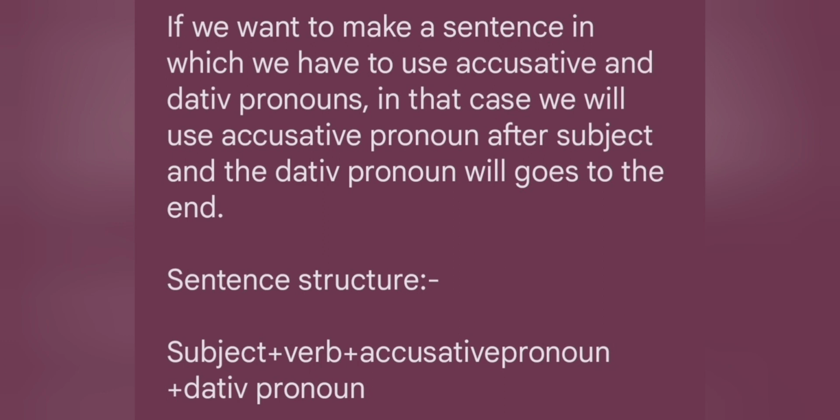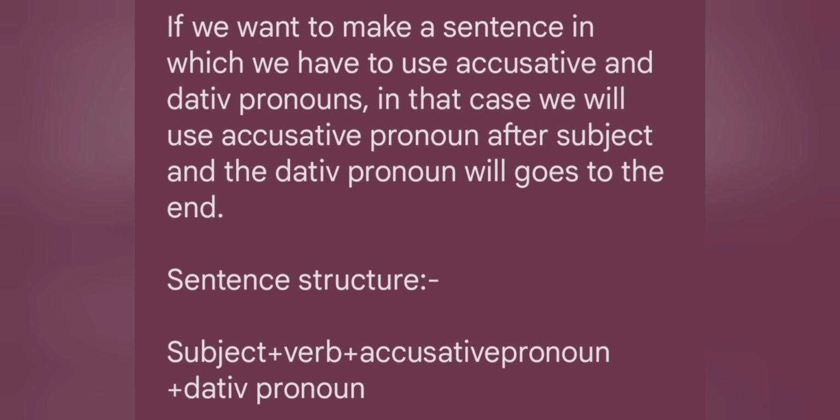If you want to make a sentence in which we have to use accusative and dative pronouns, in that case we will use the accusative pronoun after the subject and the dative pronoun will go to the end. In this sentence formation, it is totally opposite from the first one that we learnt in the noun case.